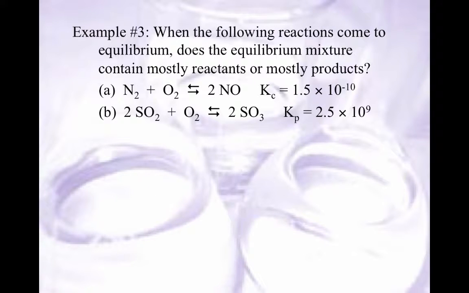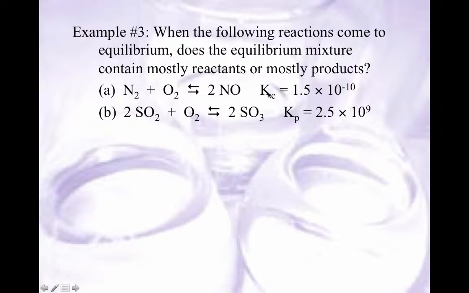So example 3 says, when the following reactions come to equilibrium, does the equilibrium mixture contain mostly reactants or mostly products? Whenever we're looking at what is true at equilibrium, we have to look at the K value. If K is less than 1, our reactants are favored, and if K is greater than 1, our products are favored. So if we look at A, our Kc is 1.5 times 10 to the negative 10.